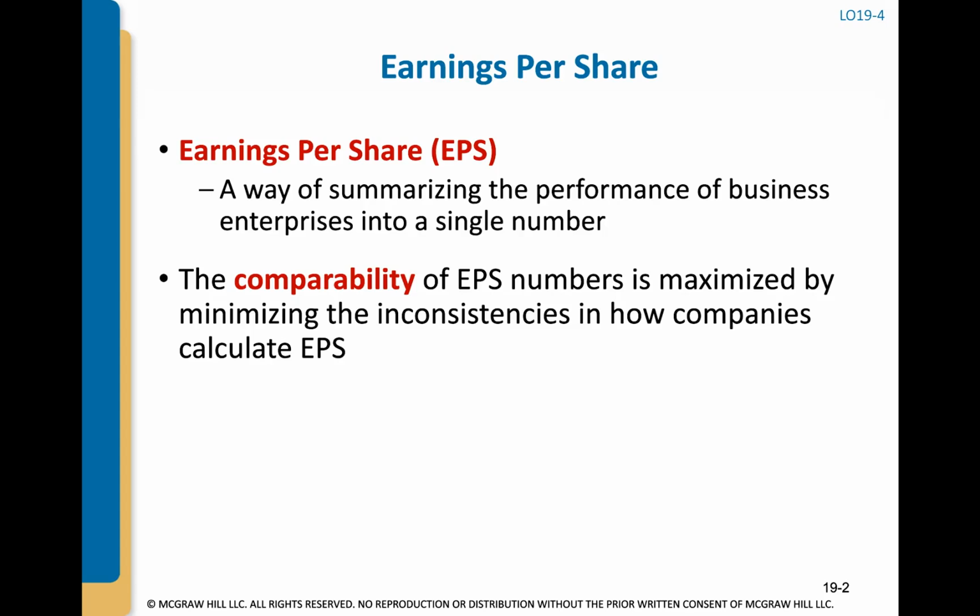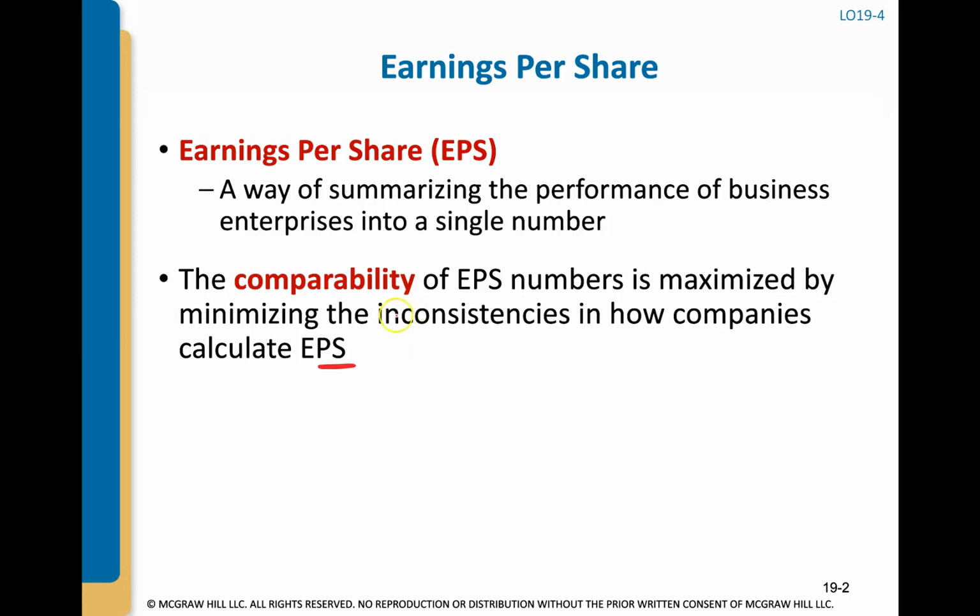And it makes comparability between companies really difficult because there's so many different things that go into it. So the FASB has issued many rules as to how to calculate earnings per share so that we can maximize the comparability of it and therefore minimize the inconsistencies of how companies each calculate their earnings per share.